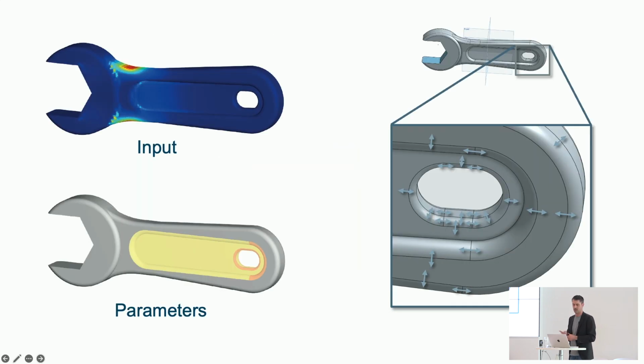So let's start, for example, with a very simple wrench here. And as you can see, even that model has quite a few tangency relationships along each edge, which need to be preserved. What you want to optimize in this example are the slot, the hole, and the fillet radii.